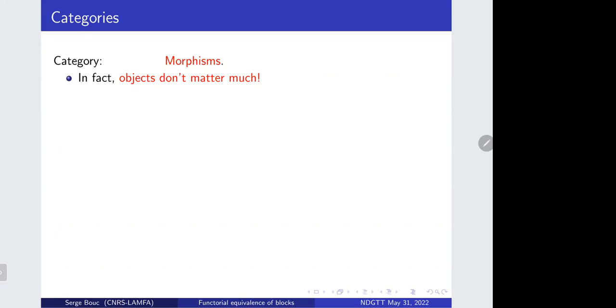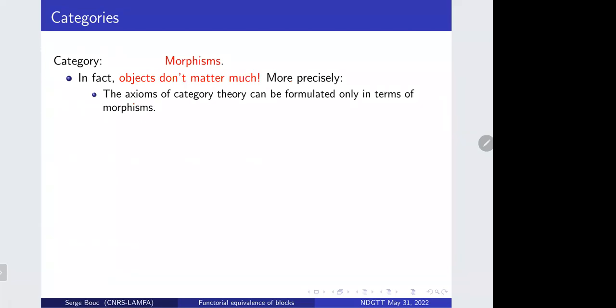And there are several arguments to that. First of all, one can reformulate the axioms of category theory using only the notion of morphisms, and one recovers objects from the identity morphisms, which can be characterized among the class of morphisms.